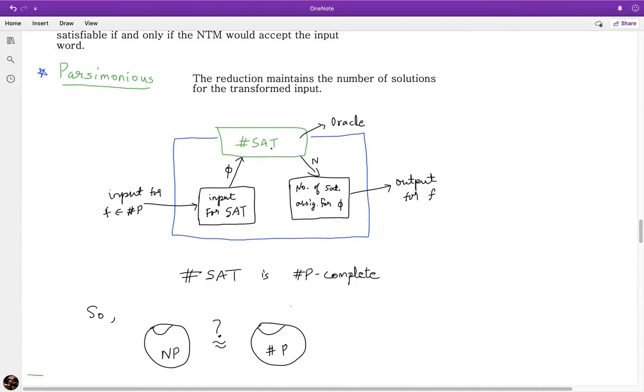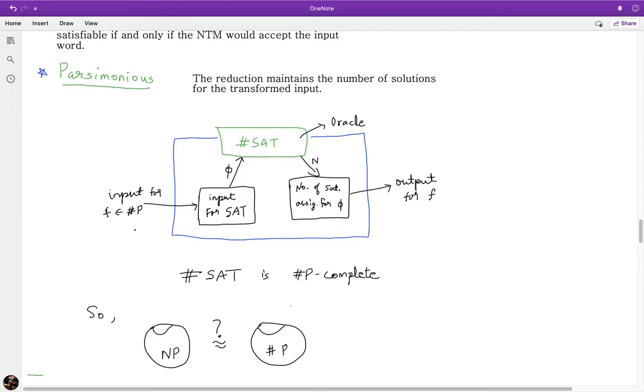If we have a HashSat oracle, we can use it in a box where we take the input for SAT and we provide it to the HashSat oracle, and we get the number of satisfying assignments for phi.